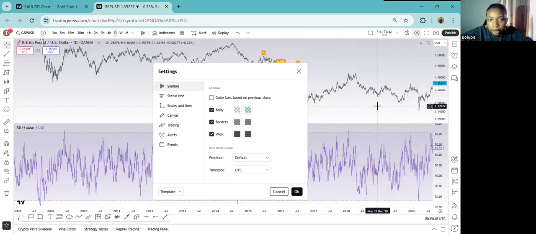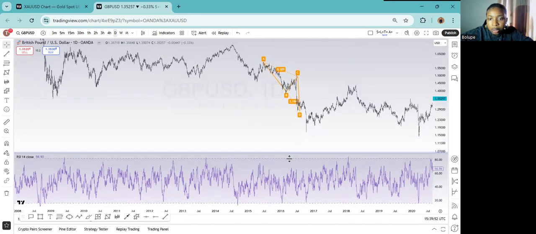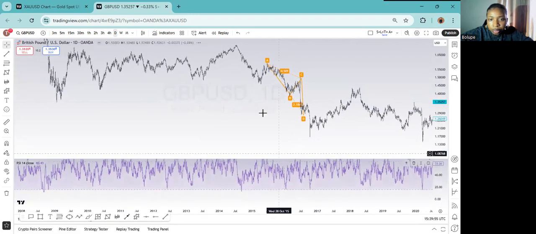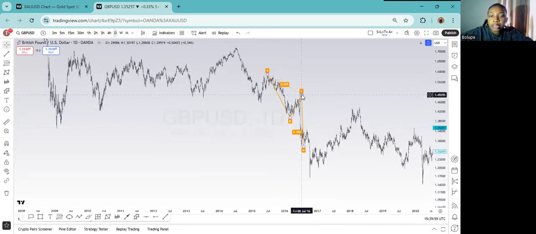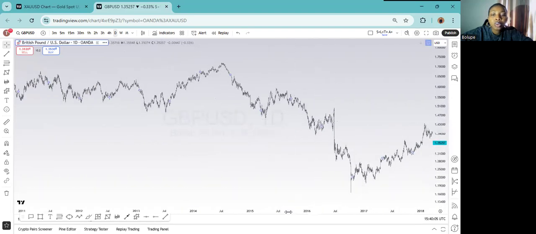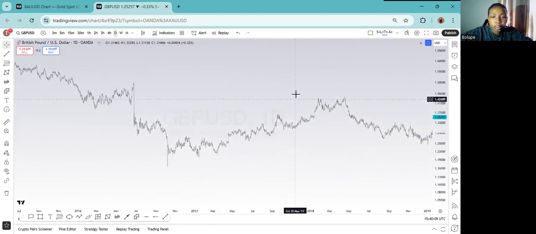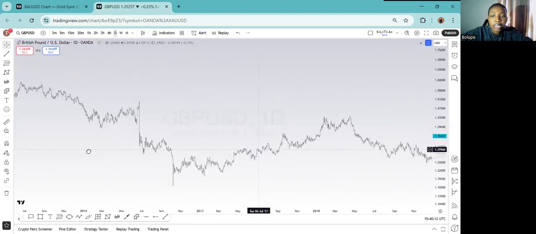We'll just keep it at that. Now this is on a higher time frame, obviously, so that is the structure that is happening in between.